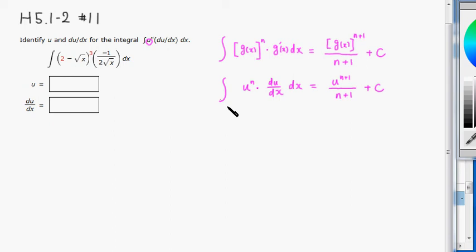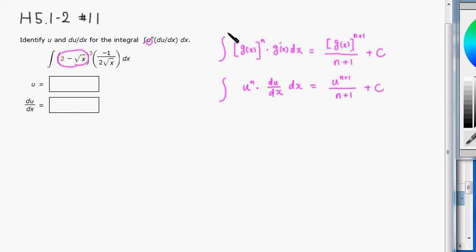So for this problem, the problem is just asking you to identify u and du over dx in this particular indefinite integral. You can see that u is going to correspond to 2 minus square root of x.